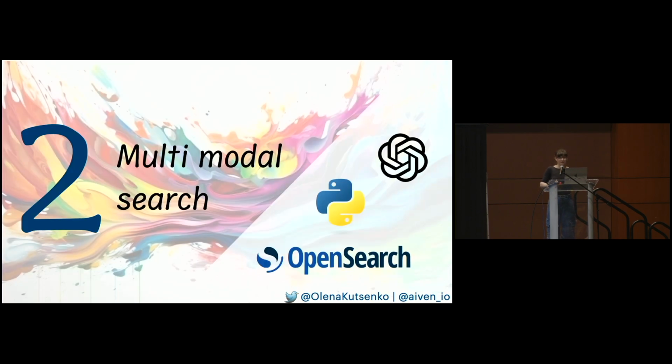Good. So enough theory for a moment. Let's move to the next example. Now I wanted to talk about multimodal search. In the movies example, we were talking about text, but we have other types of data: images, sounds, videos.